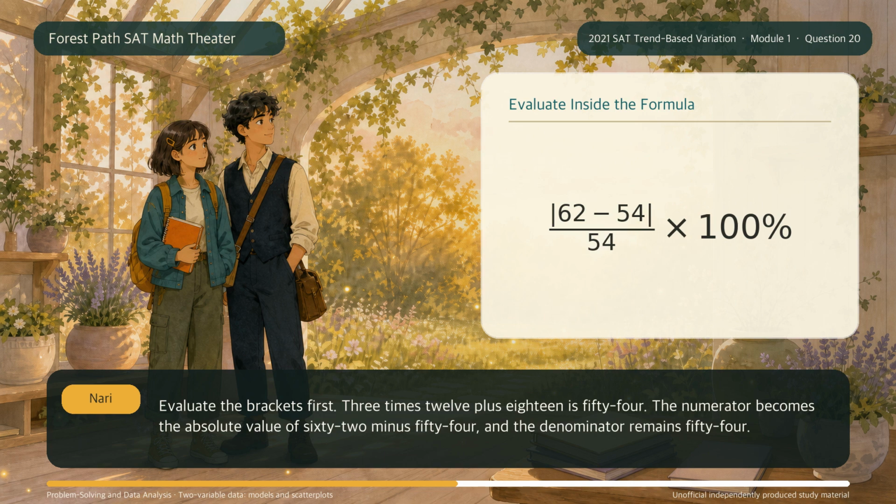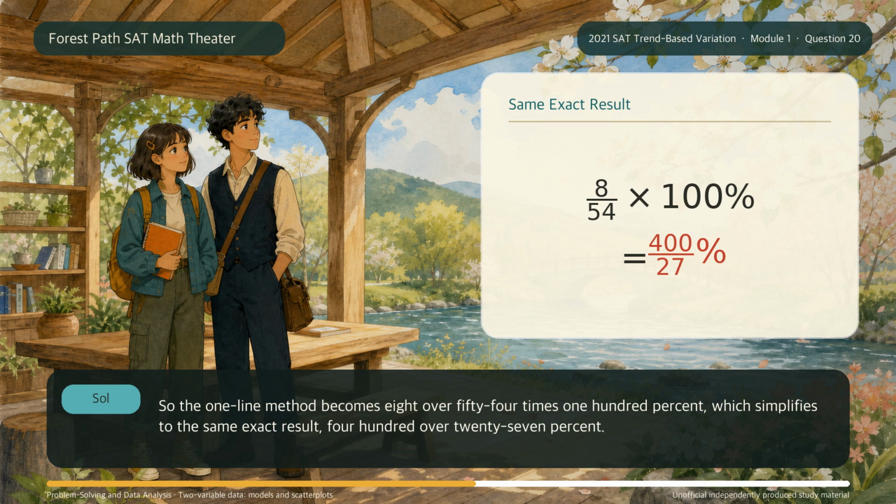Evaluate the brackets first. 3 times 12 plus 18 is 54. The numerator becomes the absolute value of 62 minus 54, and the denominator remains 54. So the one-line method becomes 8 over 54 times 100%, which simplifies to the same exact result, 400 over 27%.